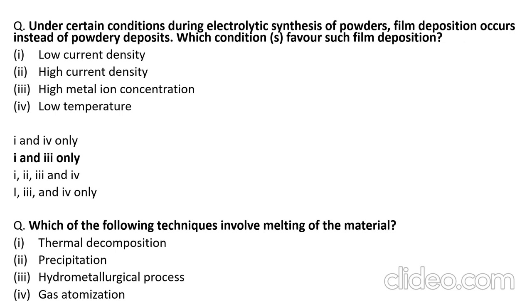The thermal decomposition is carried out because of solid state reductions or solid gas reduction. So there is no involvement of melting of the material. The precipitation is carried out for a hydrometallurgical process where we have an aqueous medium of the solution in which the oxide or the metal powder is dissolved. So it is also not a melting process. The hydrometallurgy processes are aqueous media processes and they do not require melting.